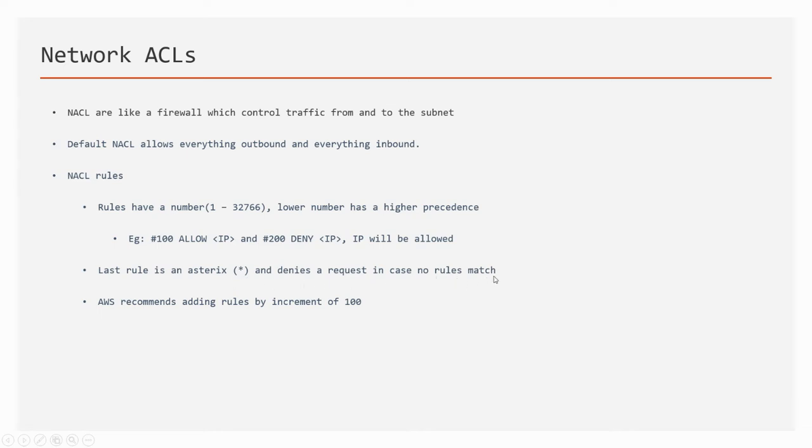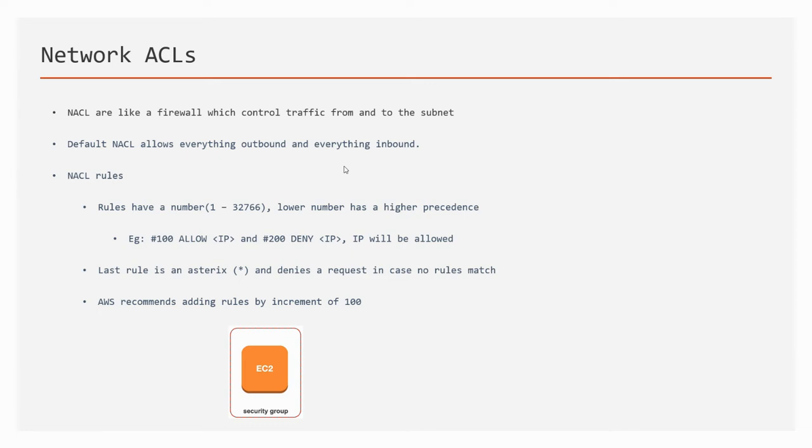So if there are many other rules and none of those rules match, the star asterisk rule gets applied. The recommendation from AWS is to create rules with an increment of 100. So you can start with 100, then 200, 300, 400, something like that. So this is what exactly the network access control list is all about.